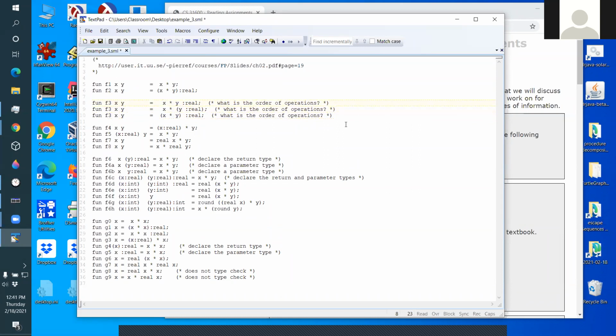If you're not sure, you should put parentheses. The fact that I actually don't know which one it is means I shouldn't really be using it in the real world. I wouldn't use this if I really wasn't sure why it was doing what it was doing. If I want it to be that, I should say group it that way. If I want it to be that, I should say group it that way.